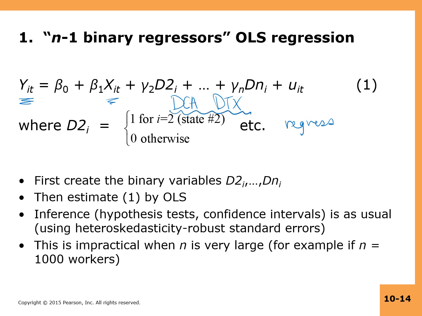If you have only 2 dummy variables it's pretty easy to estimate, but say you have 1,000 dummy variables, then this becomes really impractical because it'll take a really long time to first create all these dummy variables and then run this in Stata.